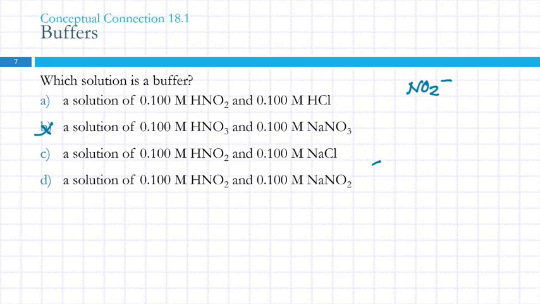But what do we see that's very similar? NaNO2. Because NO2 minus is an anion, and you can't just have an anion. You have to have something else with it to make it a neutral compound. So the correct answer then is D. Any questions?